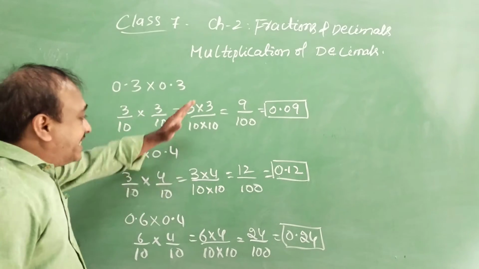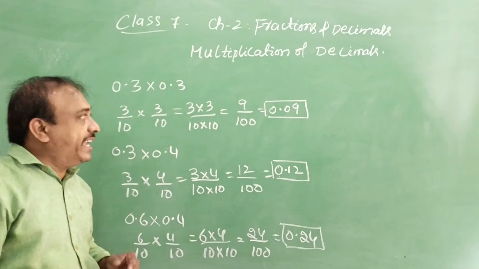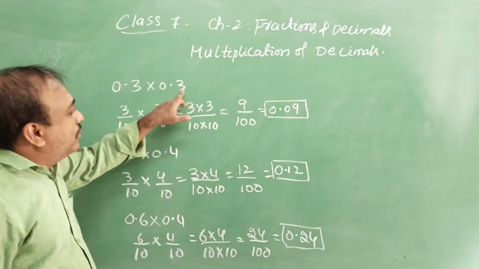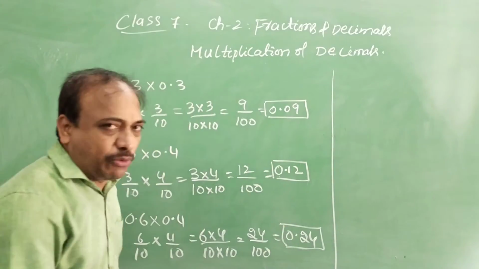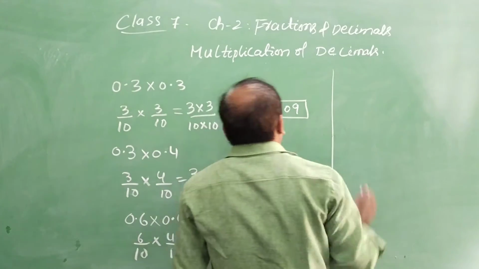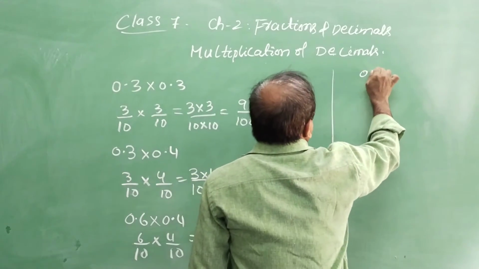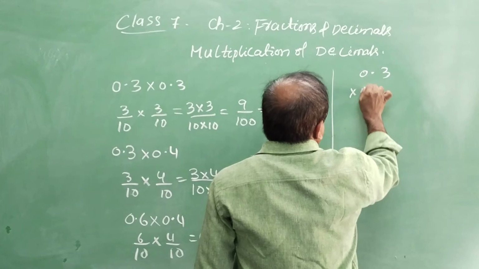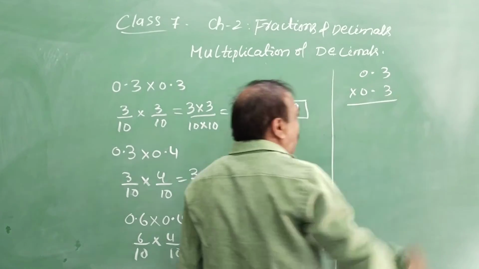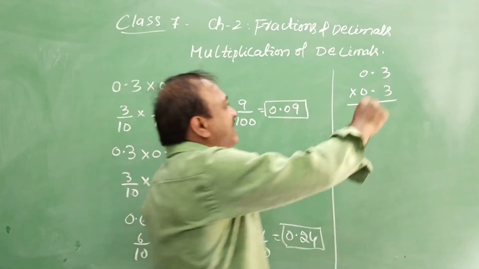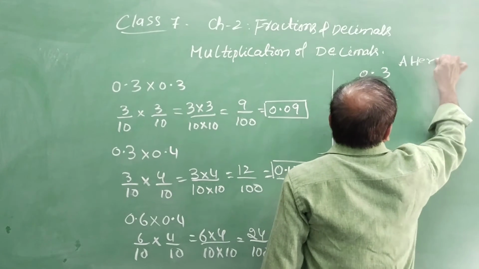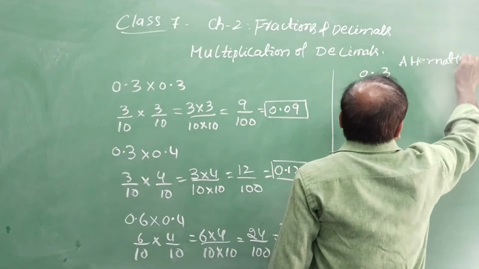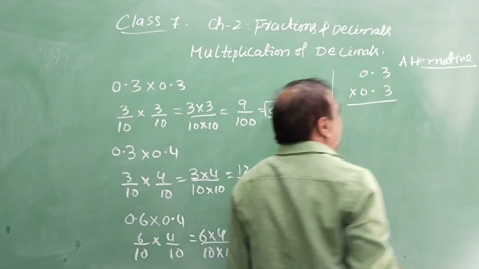Next, one more. Now the same thing, 0.3 into 0.3, if you do on the normal multiplication, this is an alternative method.